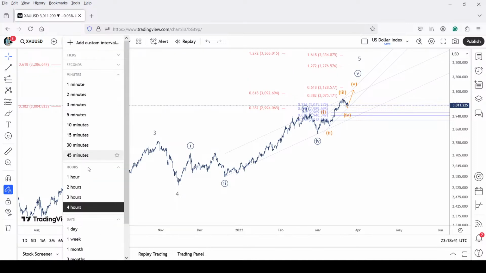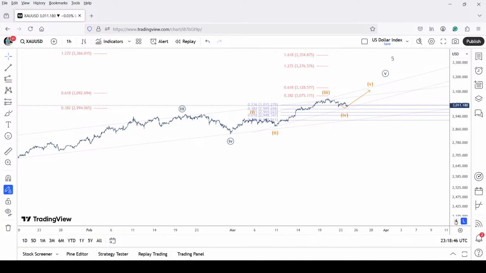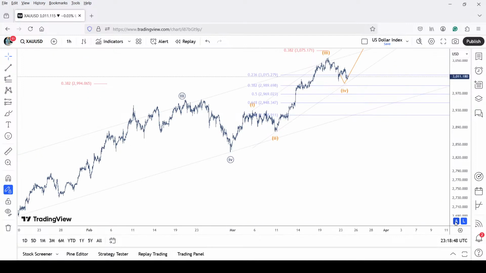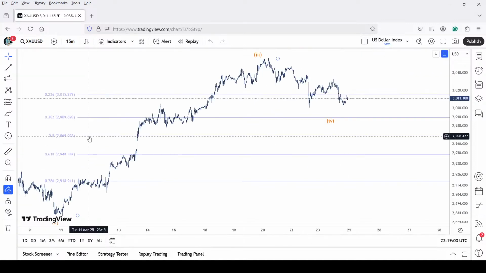Now, as we said last time as well, if you are holding short positions, yesterday prices dropped towards almost 3005. But now it would be interesting to see if it's going to continue lower from here or bulls are going to be back, because we need to see price. I think it's going to be one more low.